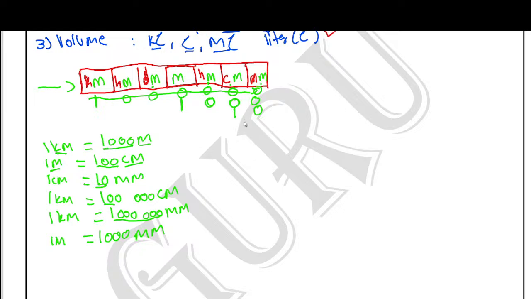I want to give you an example. Let's say we have 20 kilometers. We want to convert 20 kilometers into centimeters. You see now, you are going to move from kilometers to centimeters, meaning that you are converting a bigger unit into a smaller unit.